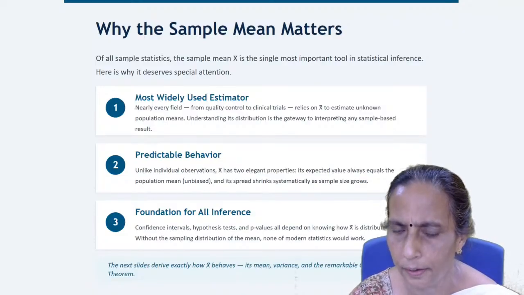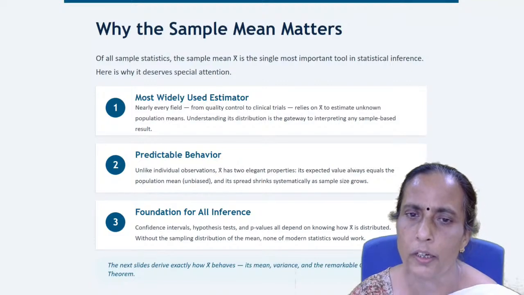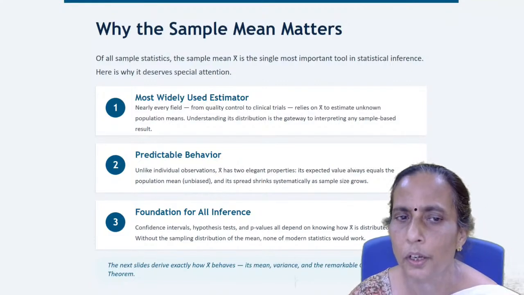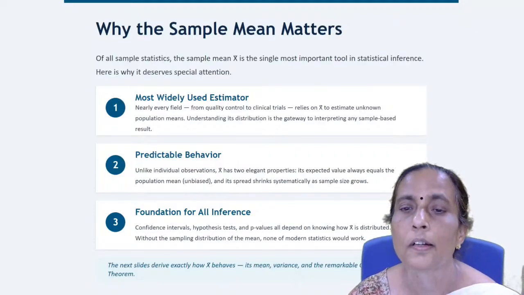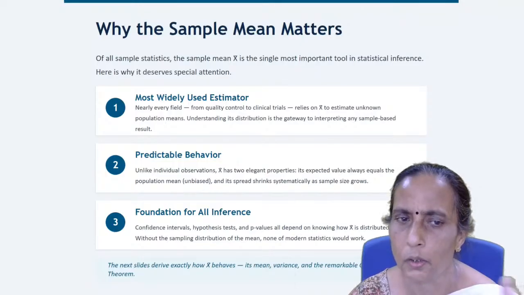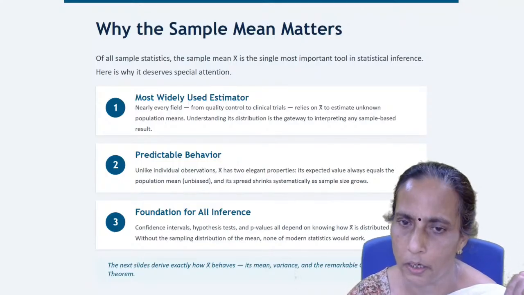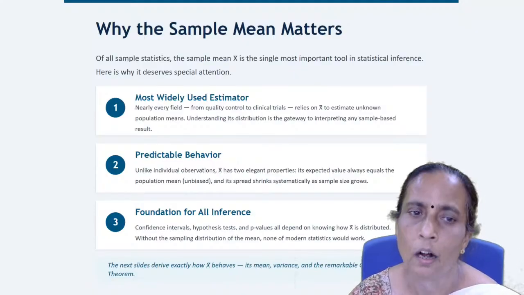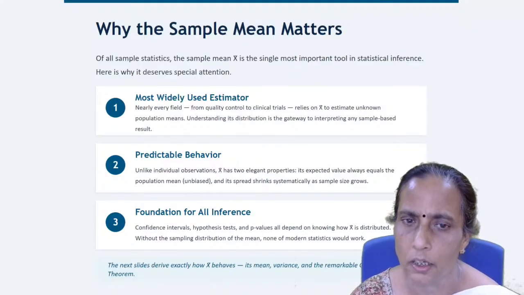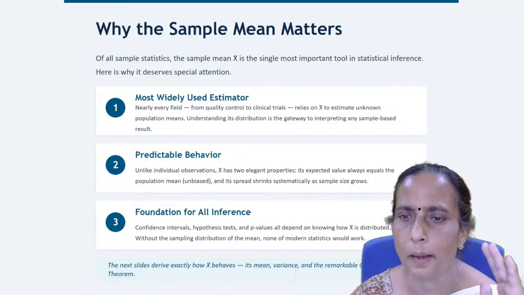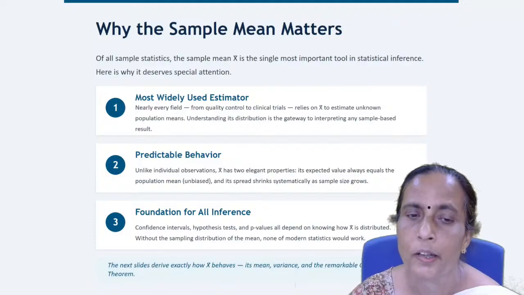In nearly every field, from quality control to clinical trials, we rely on the sample mean, that is x bar, to estimate the unknown population mean. Understanding its distribution is the gateway to interpreting any sample based results.